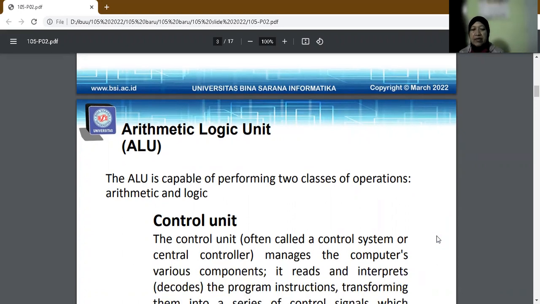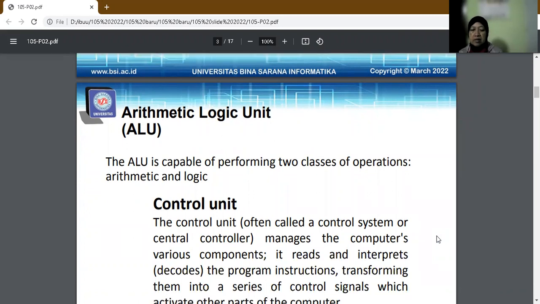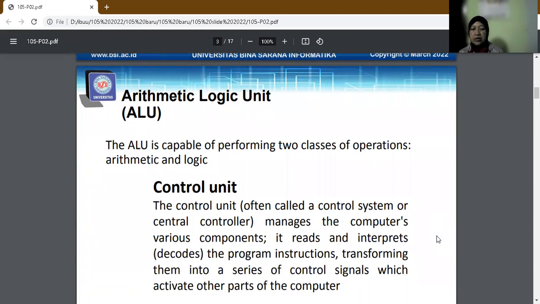And then the control unit, often called the control system or central controller. This is about how to manage the computer's various components. The control unit always reads and interprets a program instruction, transforming it into a series of control signals which activate other parts of the computer.